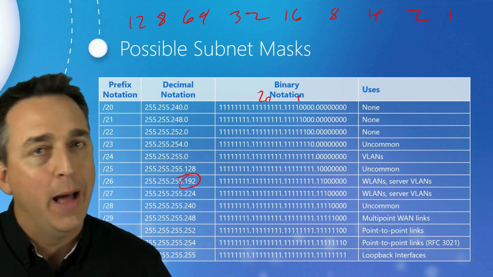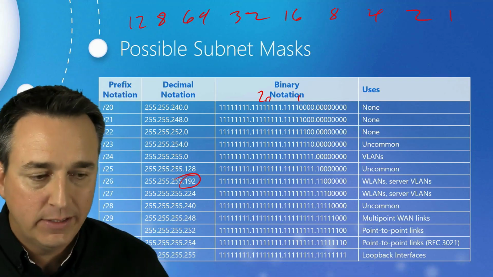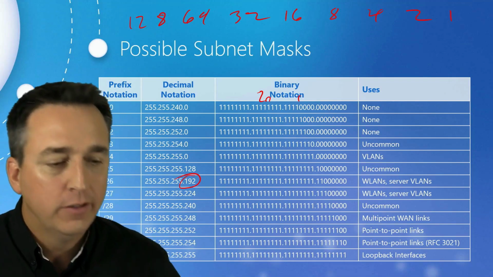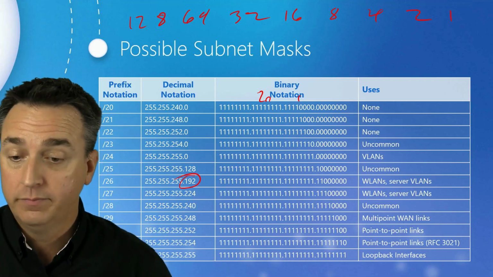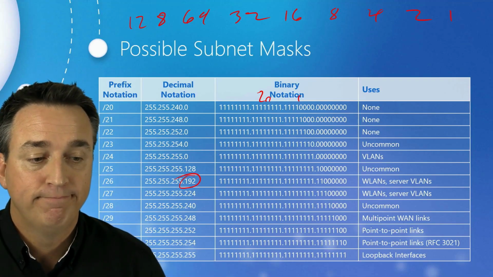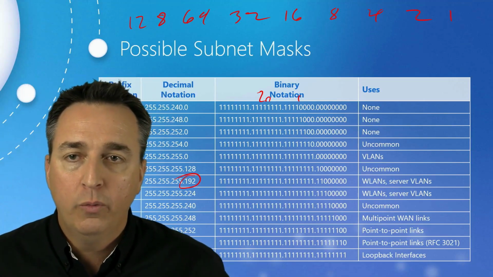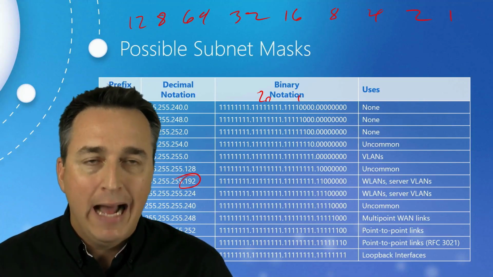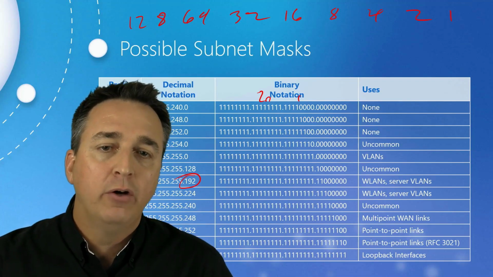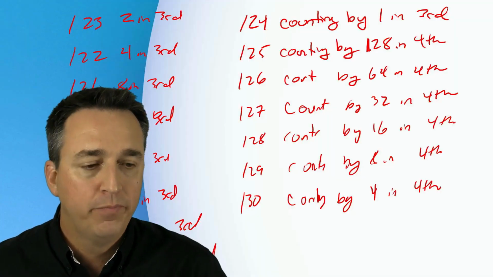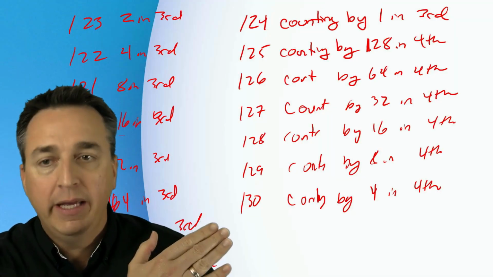If it's 240, no matter what octet, you're counting by 16. 248, 8, 252, 4, 254, 2. That's it. Those are the numbers. And so those repeating numbers, those patterns, you can apply those in the end when you're doing the calculations. And that's what I wrote out here.